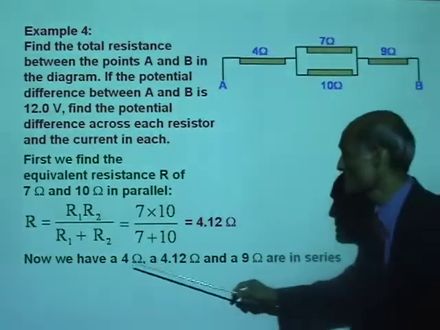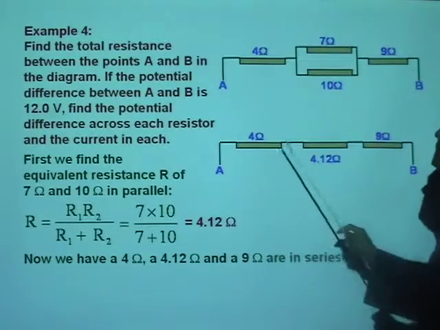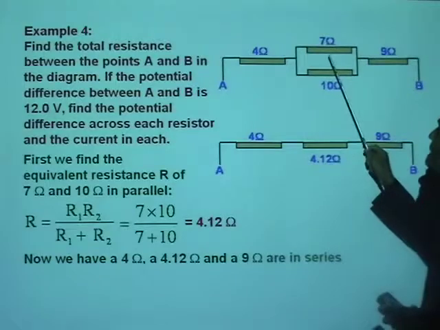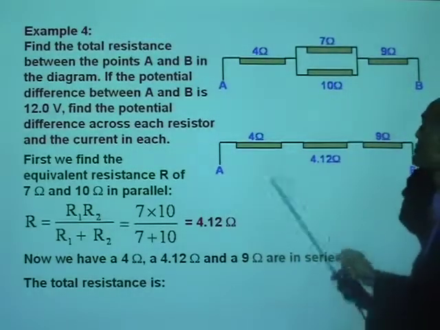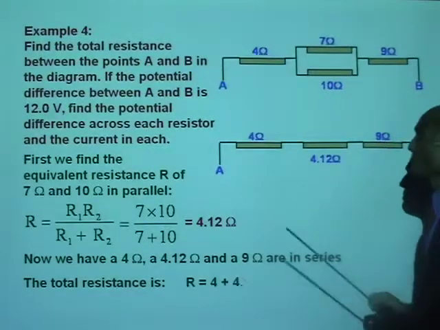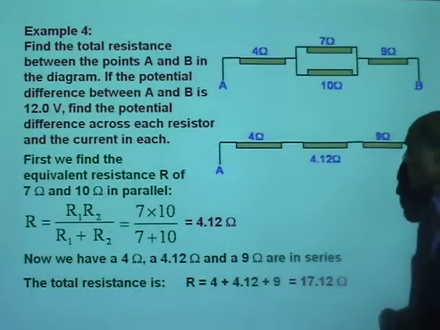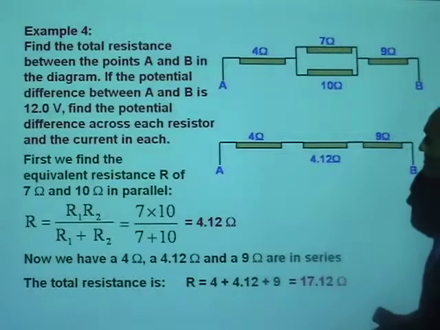The total resistance of a series combination is the sum of the three. So this circuit is equivalent to the original circuit. It will be 4 plus 4.12 plus 9 equal to 17.12 ohm. That is the total resistance.